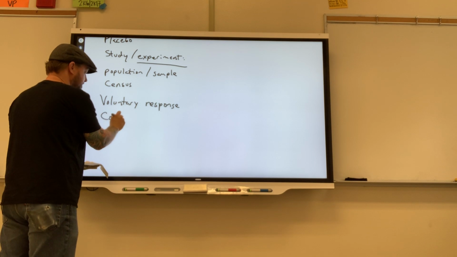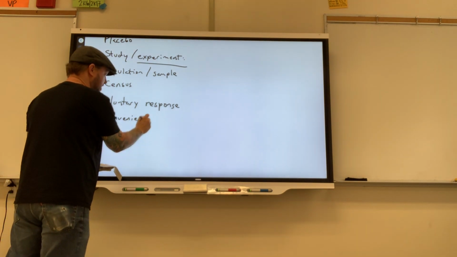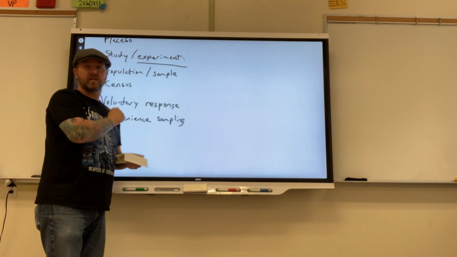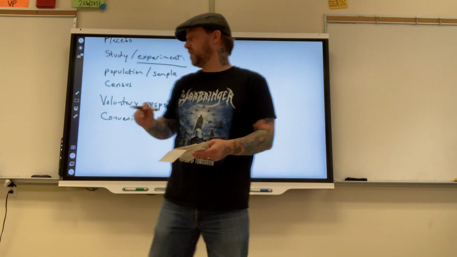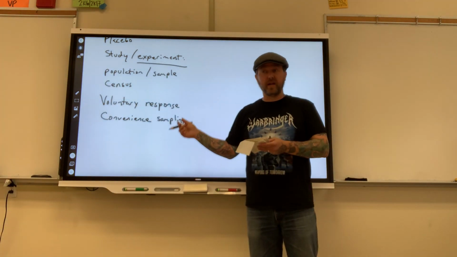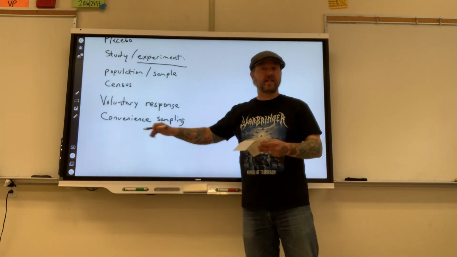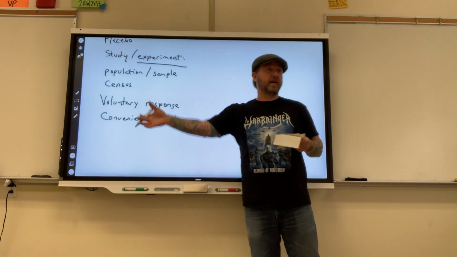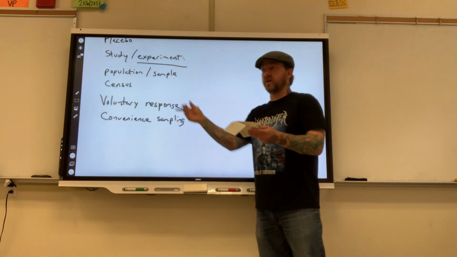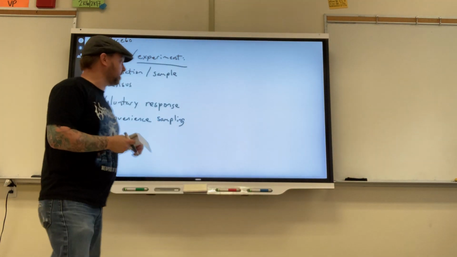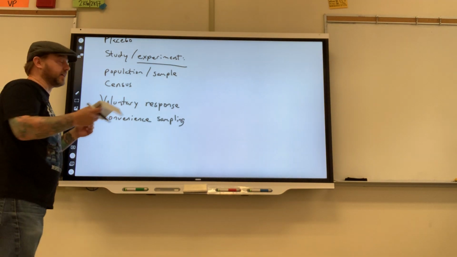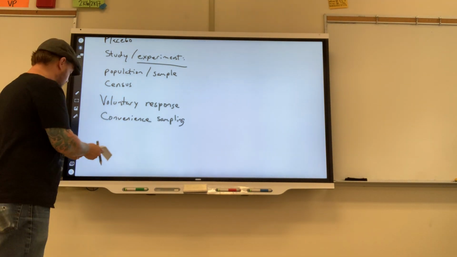Convenient sampling. Bad, right? Convenient sampling is bad because it's not going to give you a good look at the whole. If I were to ask everybody in this classroom a question, and I'm only getting the people that took AP Stats, I'm not getting the whole population. Okay?